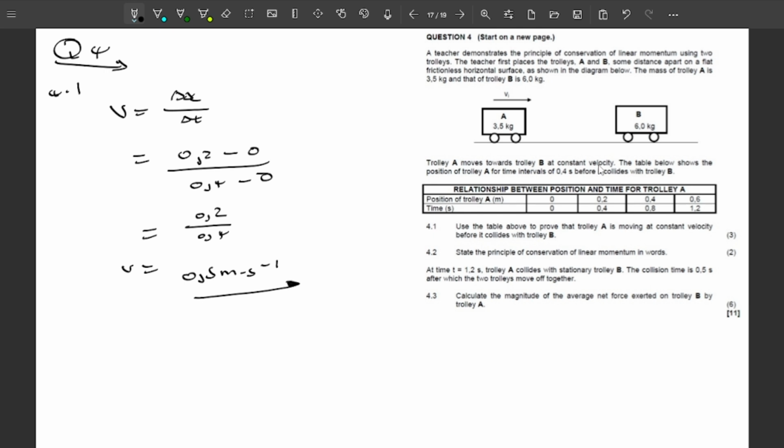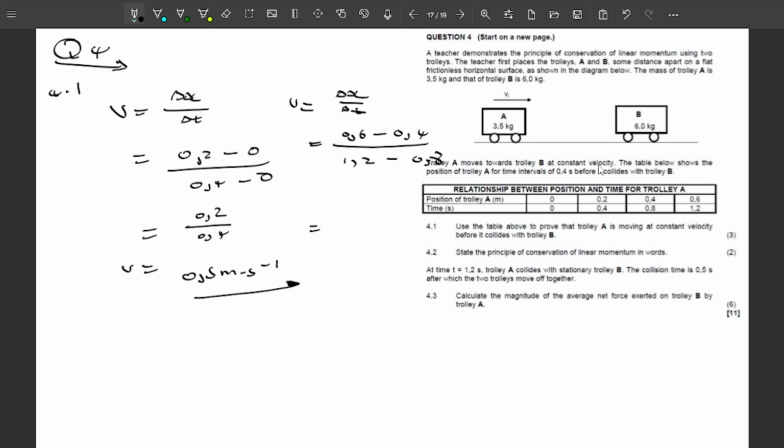Even if you do it with the other values, for those who have used 0.4 and 0.6, change in x over change in t, we know that 0.6 minus 0.4 over 1.2 minus 0.8, the final answer you should get: 0.6 minus 0.4 is 0.2, and 0.2 over 0.4.